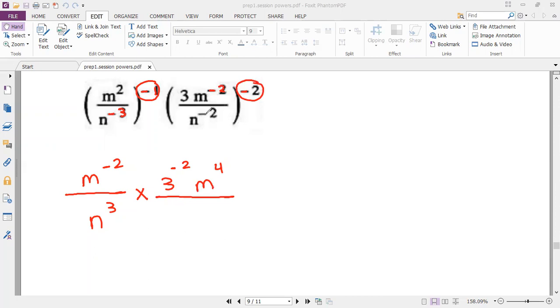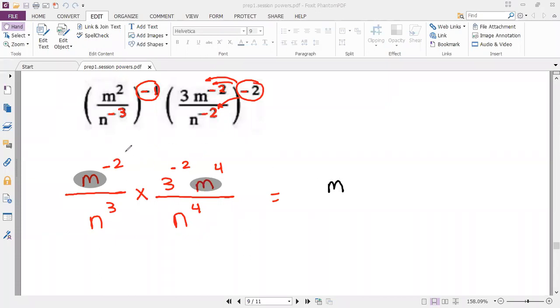n to the power of negative 2 all raised to the power of negative 2. So multiply the two powers here, because this power is distributed on all components of the expression. So it's n to the power of negative 2 times negative 2, which is 4. At the top we have here m, and we have here m. So write the base as it is then add powers.